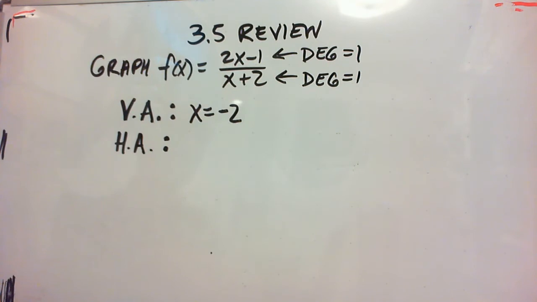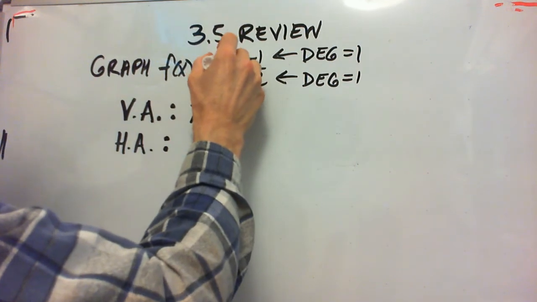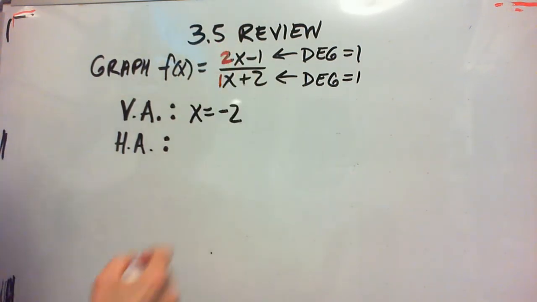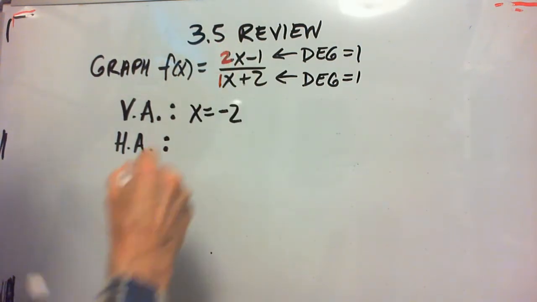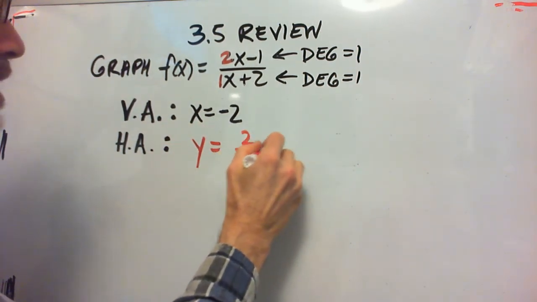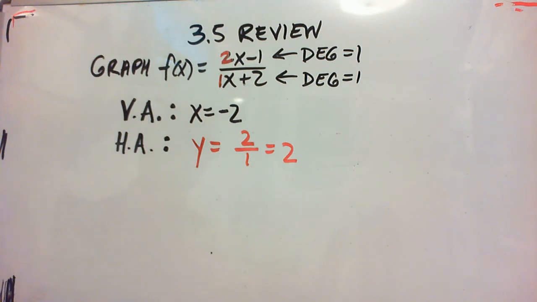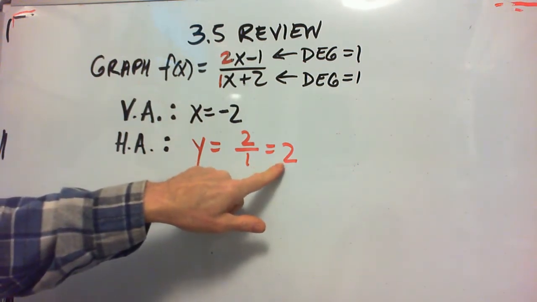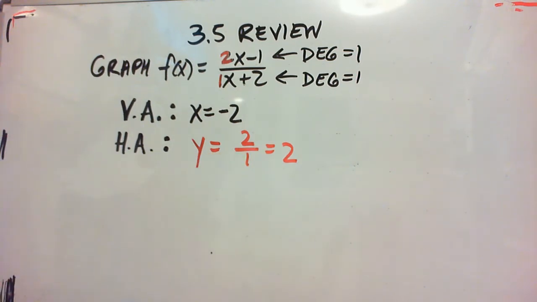Since the degrees are equal, we use the ratio of the leading coefficients, 2 and 1. That's our horizontal asymptote. It's y equal 2 over 1, which is 2. The rational function will approach the horizontal line y equal 2 for very large positive and negative x values.